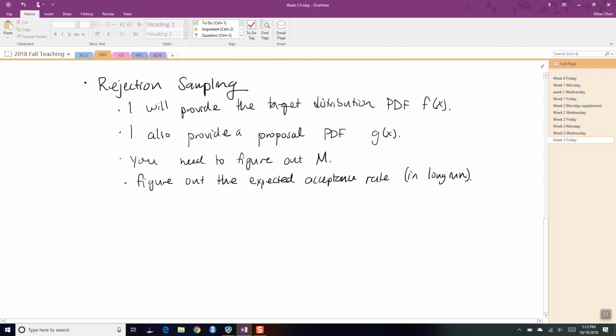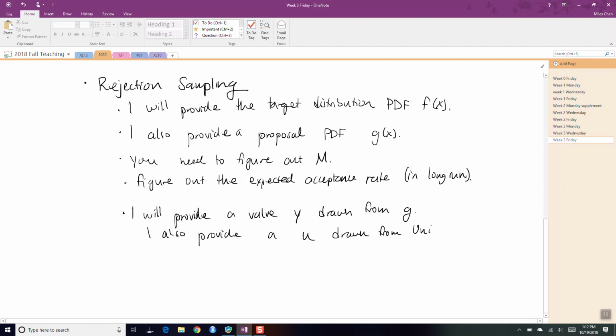Okay, I will provide a value y drawn from g. I also provide a u drawn from uniform 0, 1. And you tell me if we accept or reject y.